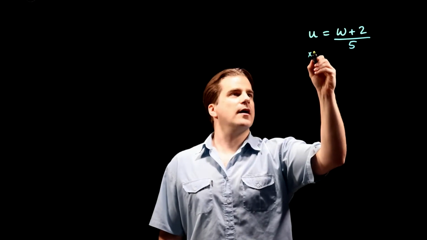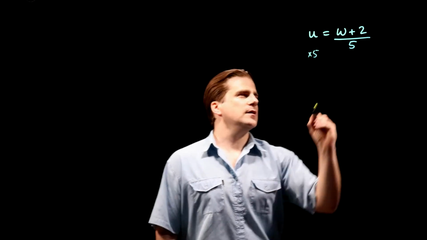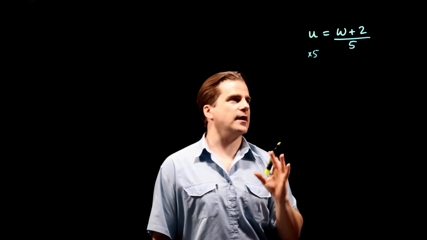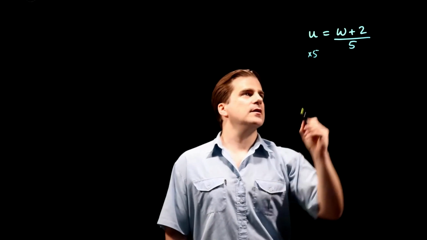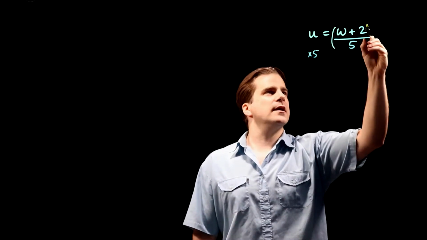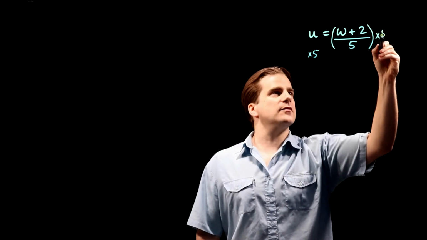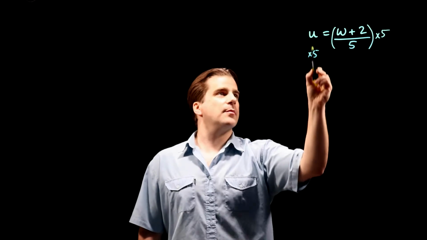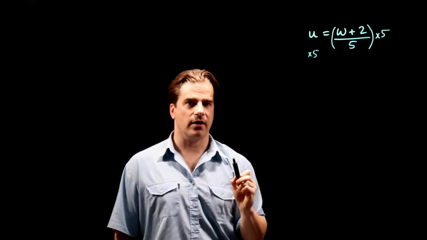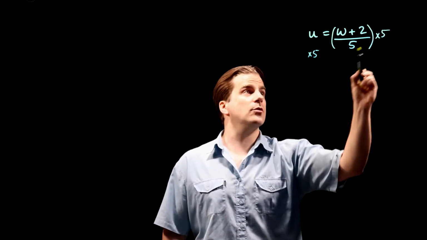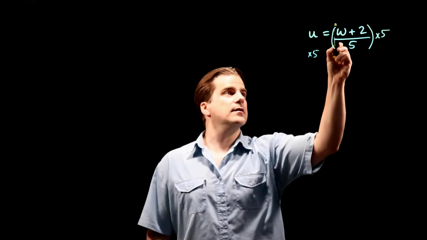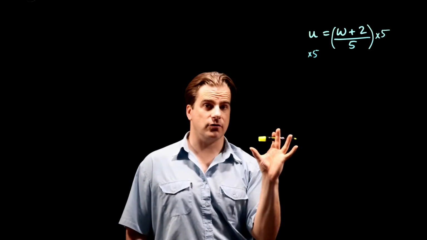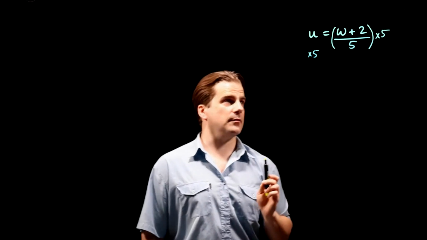So we're going to times that by 5. How are we going to write this whole thing multiplied by 5? I suggest putting it in brackets and doing a times 5 there. Remember, we're multiplying this whole left-hand side by 5, so we have to multiply the whole of the right-hand side by 5. In which case, you have to introduce your own brackets and write times 5 there.